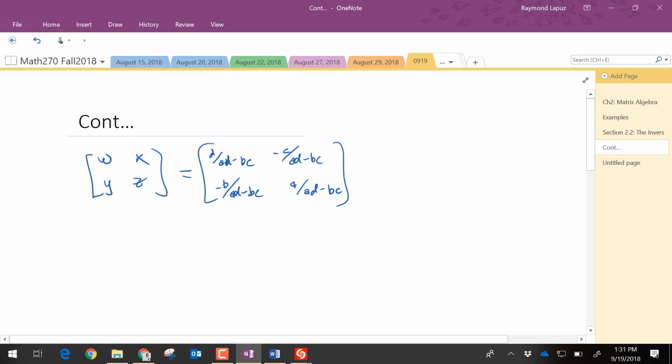And this is supposed to be the inverse of the matrix ABCD. And I'll put the inverse notation on that.